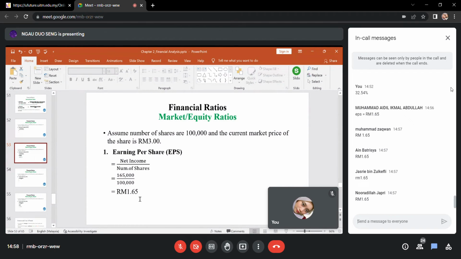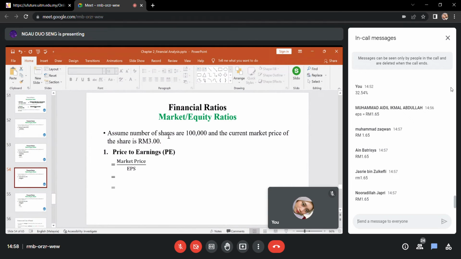So it's 1 ringgit 65 earning per share. Meaning that if you buy 1 share, you get RM1.65 return per share. All right, next we have PE.